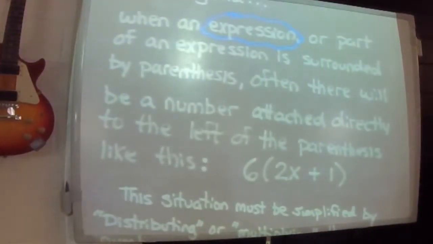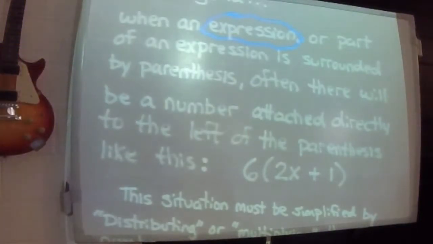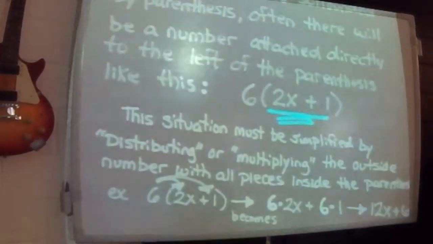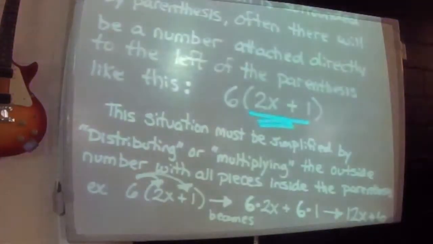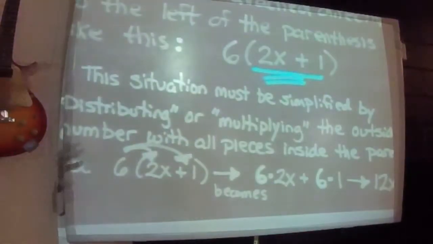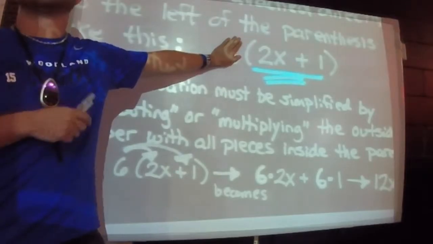When an expression or part of an expression is surrounded by parentheses, often what we need to do is distribute it. We're going to have a number to the left. Looking at this right here, say I block the 6 off, just as outside. For some reason, they've taken an expression and put it in a parenthesis.